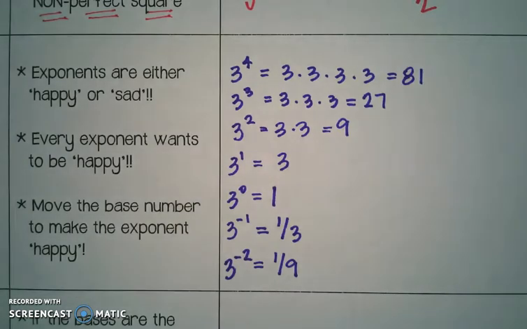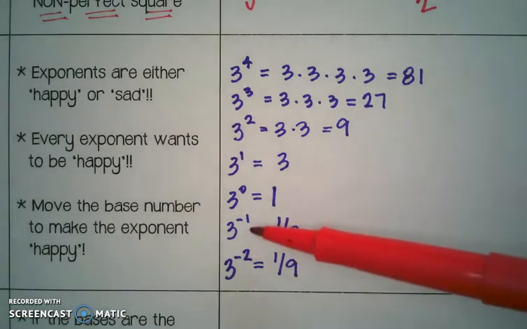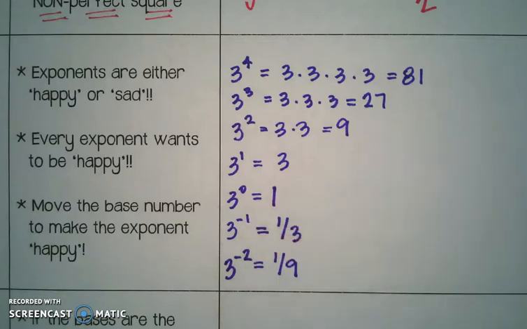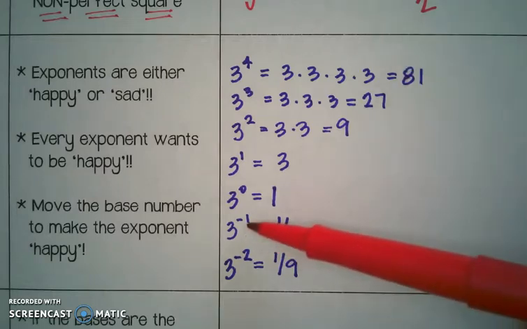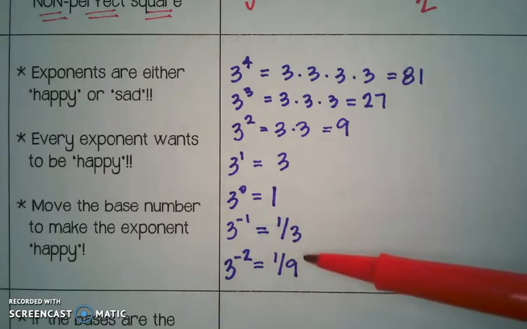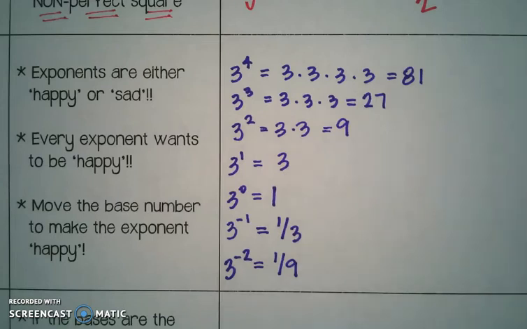So if everybody deserves to be happy, then we need to change this 3. What we need to do is move this number. When we move the number to the denominator, or move the denominator to the numerator, we are then making that value happy. So that's how we talked about the happy and sad thing.